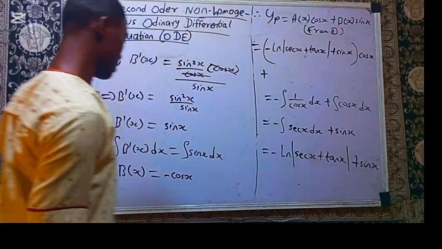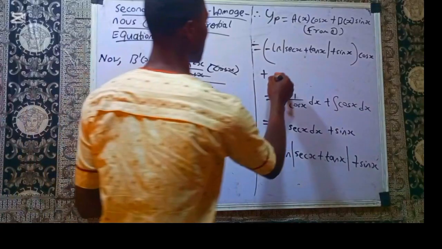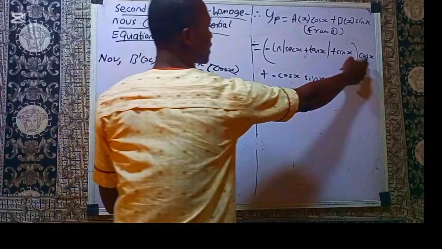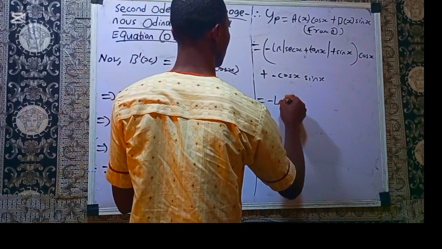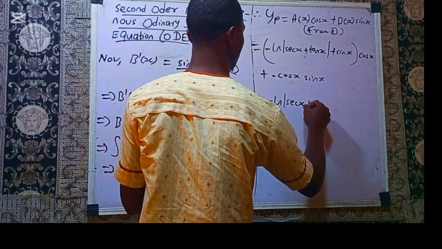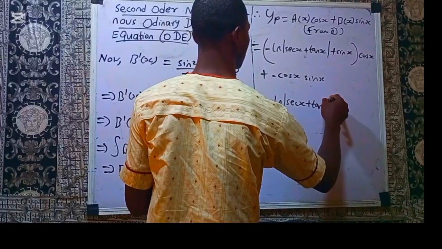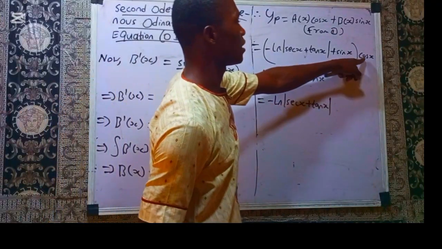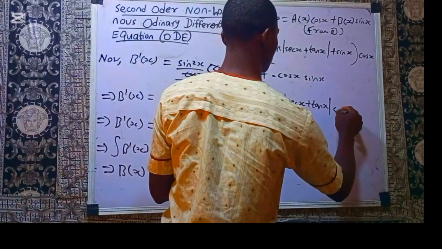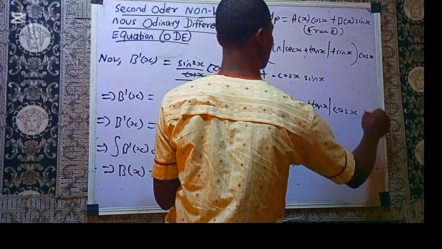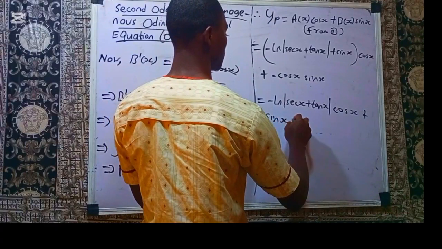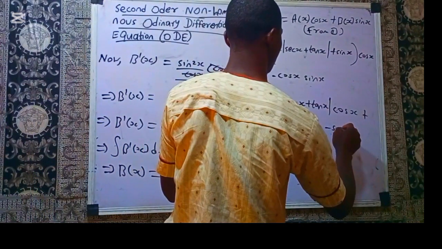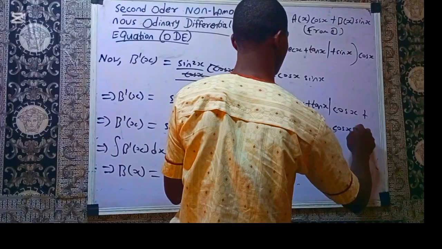Plus, what is your b of x? B of x is negative cosine of x. So I have negative cosine of x multiplying sin x. If you open this bracket with cosine, this will be equal to negative ln absolute value of sec x plus tan x multiplying cosine of x, plus sine x cos x, plus negative cosine of x sin x.